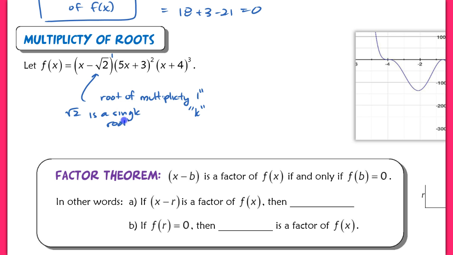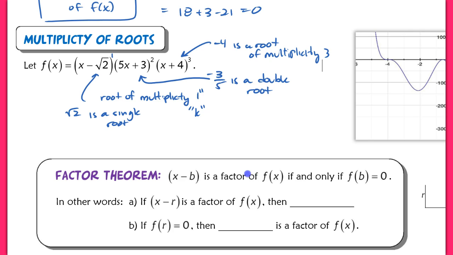That's the same kind of terminology you might hear. Negative 3/5 is a double root. And for this one, instead of saying triple root, sometimes you'll just see multiplicity of 3. So negative 4 is a root of multiplicity 3.